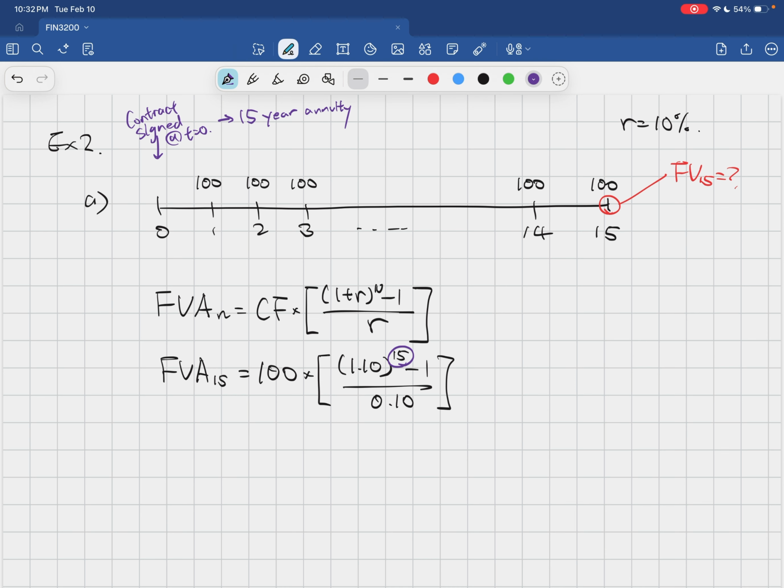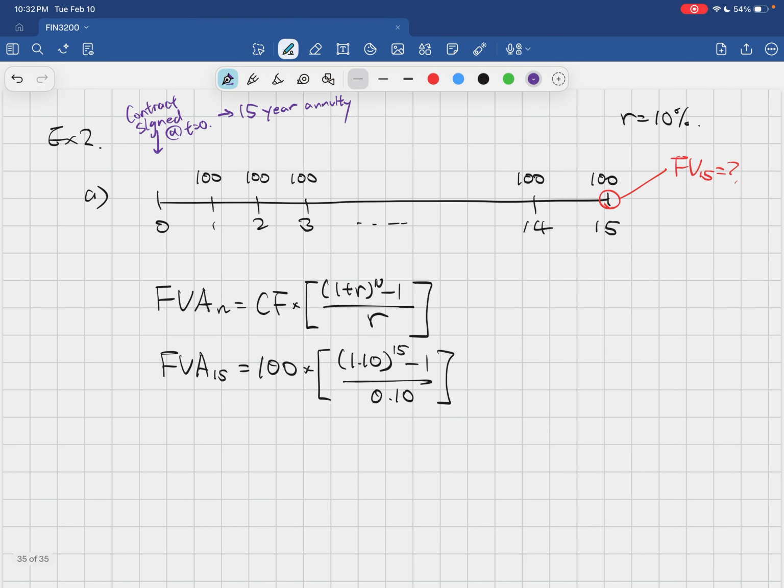That's why N is 15. So if you do the calculation, you'll have $3,177.25 in your account at the end of 15 years.